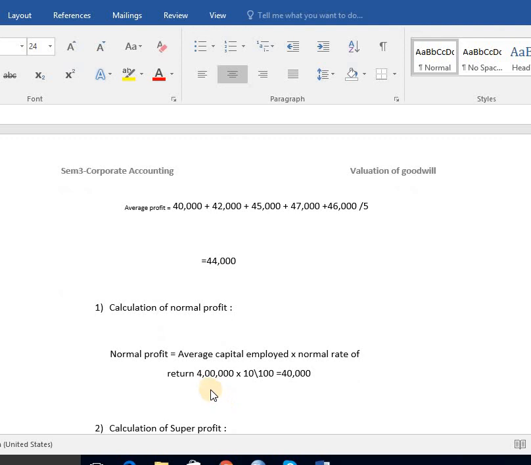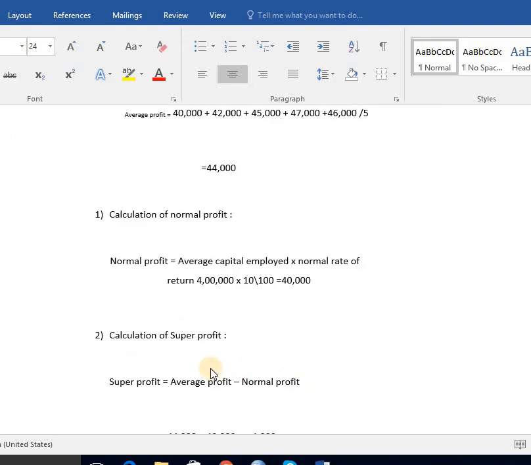So, now 4 lakh into 10 by 100. Average capital employed is 4 lakh. What is the normal rate of return? 10%. 10% means 10 by 100. We are getting 40,000. Now, we are calculating super profit.